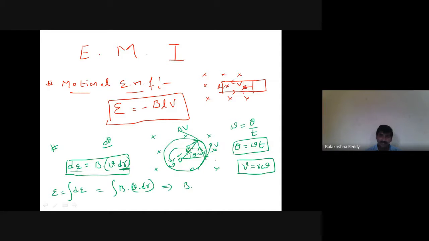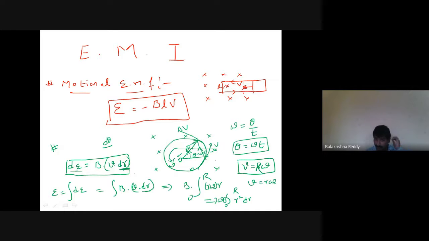Here r is the radius vector. Since I have the variable dr, I take r omega, then substitute 0 to R as the limit. In place of v, I am writing r into omega into r. Therefore, it becomes r square, right? So, B omega outside, r square into dr inside.